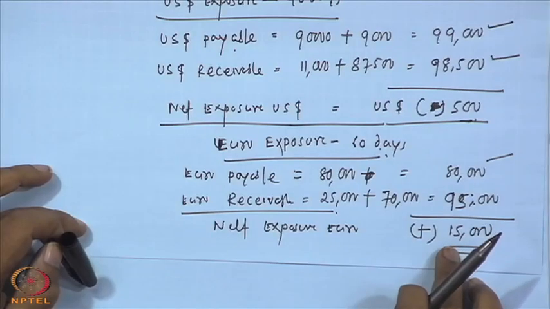It needs to correct this exposure by either going for a forward contract to hedge this 15,000 euro, or going for futures to hedge it.